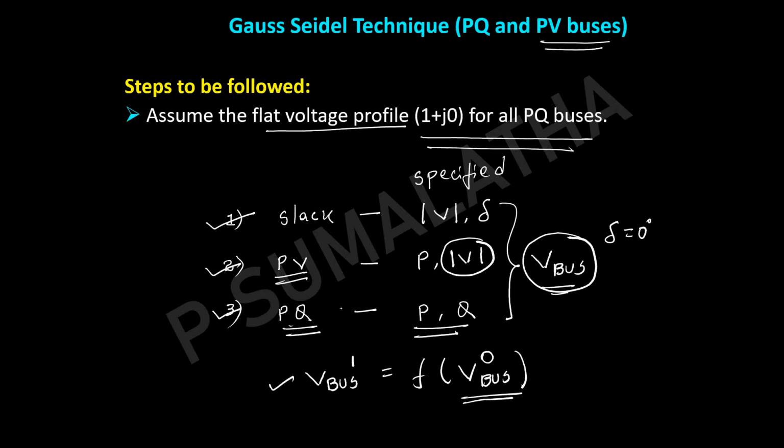In polar form, it is 1 at an angle of 0 degrees. This is the magnitude of the voltage and this is the load angle.